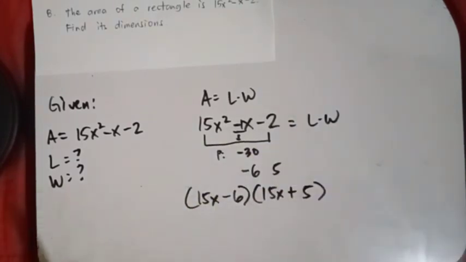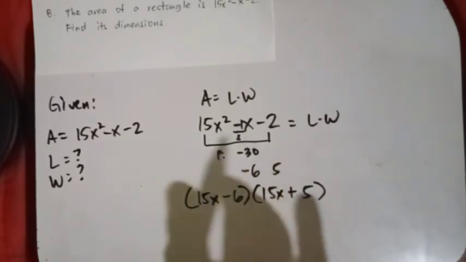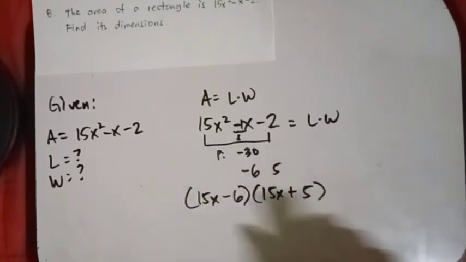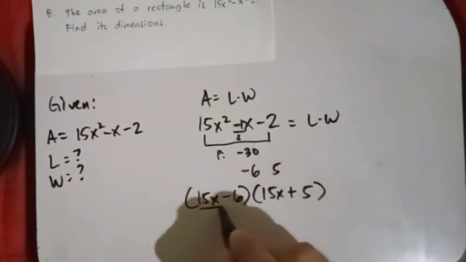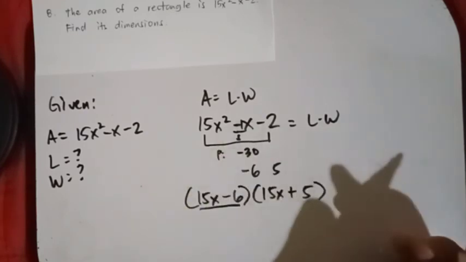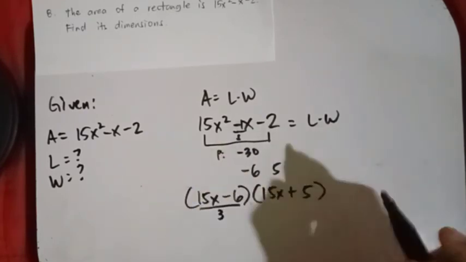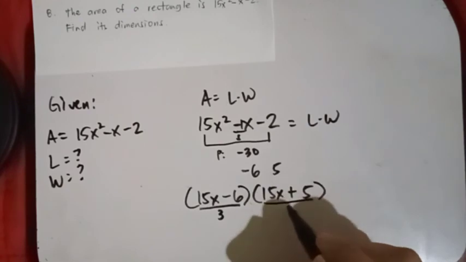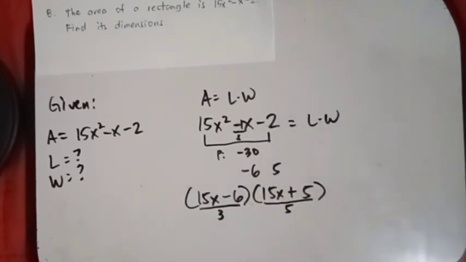And then after nun, para matapos na, i-divide natin itong binomial sa common factors niya. So, dito, 15 tsaka 6, i-divide natin sa common factor niya, which is 3. Tapos dito naman, 15 tsaka 5, 5 yung common factor niya. Okay?